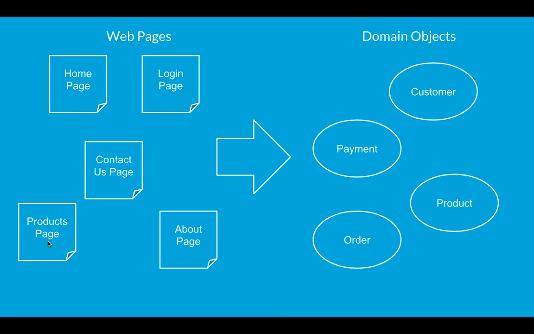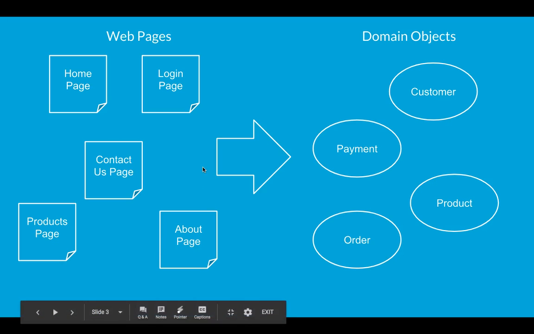This is going to be an online shop, for example. So we're going to need a products page and an about page, and we would design the web pages, and basically we would start from there, and we'd work out what kind of database tables we are going to need, what kind of functions we are going to need. We'd work all that out as we built out our web pages.